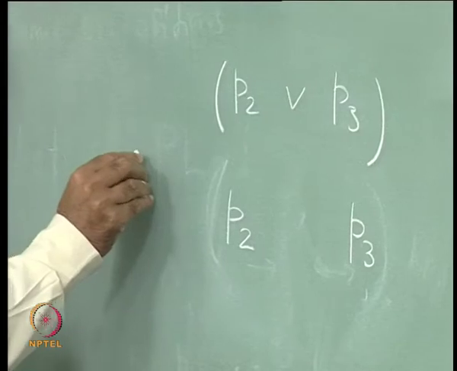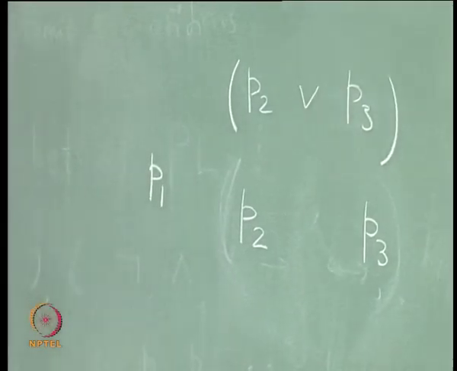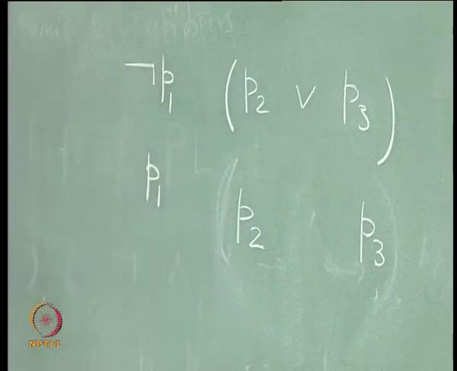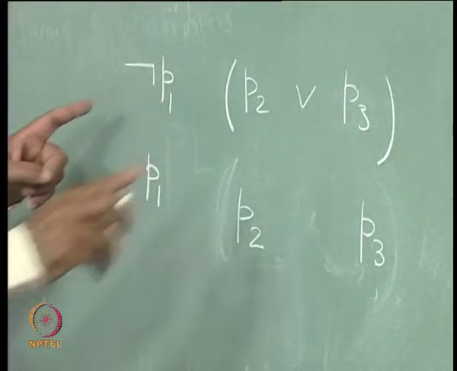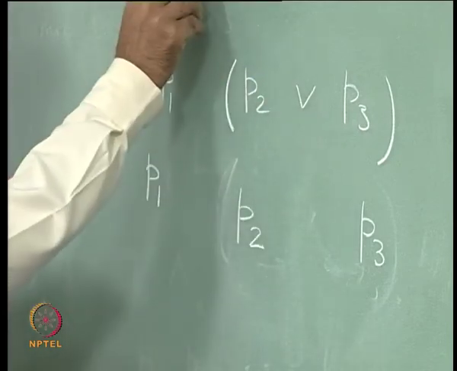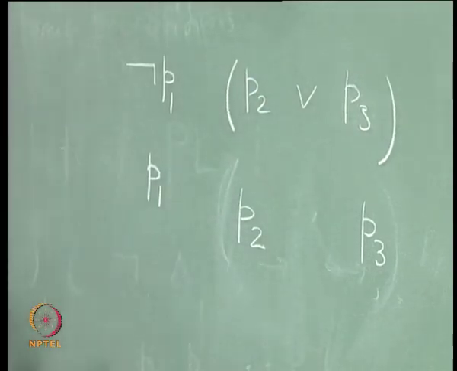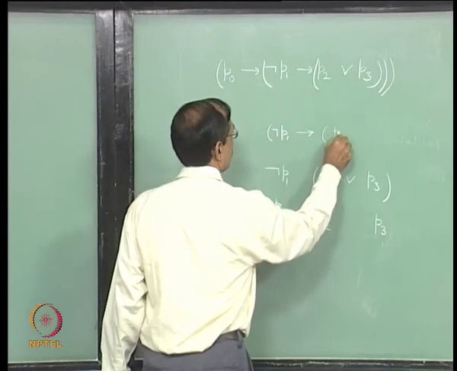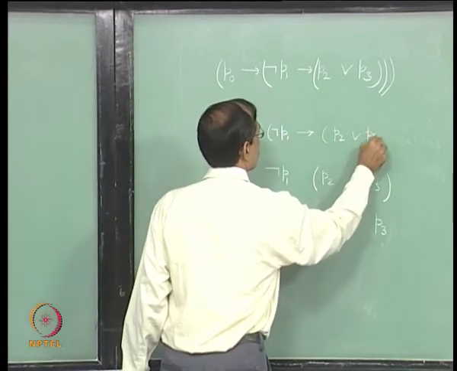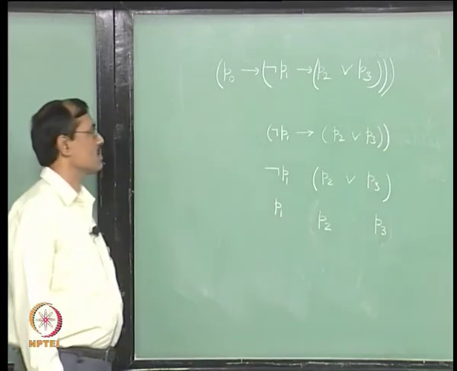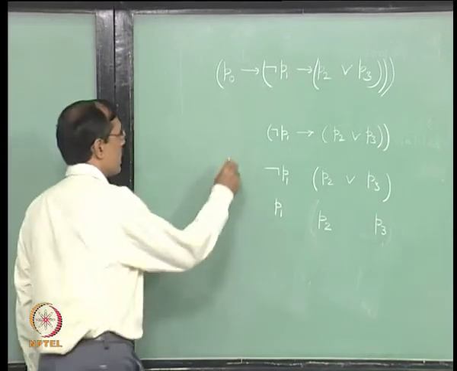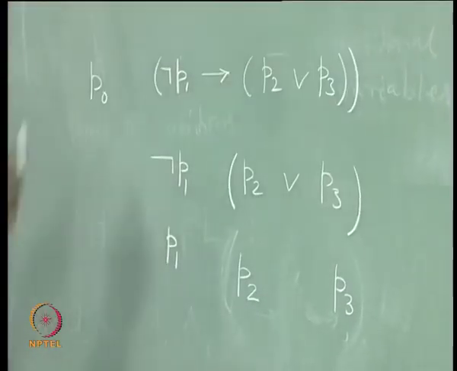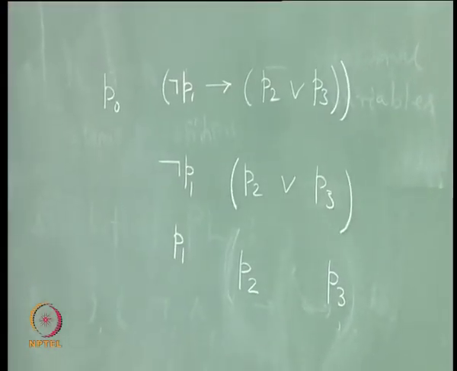I take P1 as a proposition, therefore not P1 is a proposition. Since these two are propositions, I can use implies symbol and get a proposition not P1 implies P2 or P3. This is a proposition. Now I know that P0 is a proposition, therefore the original one given is a proposition, right.